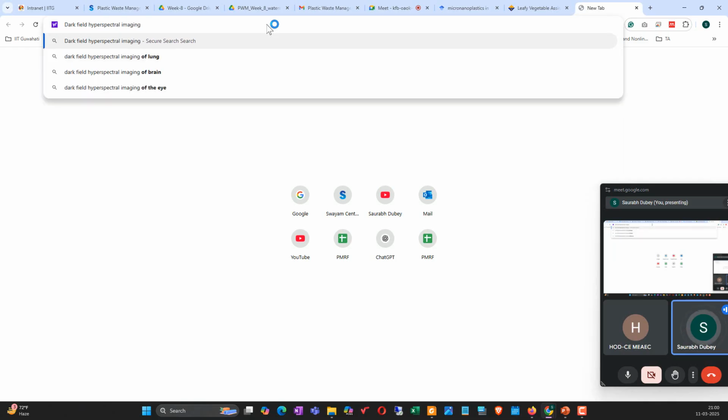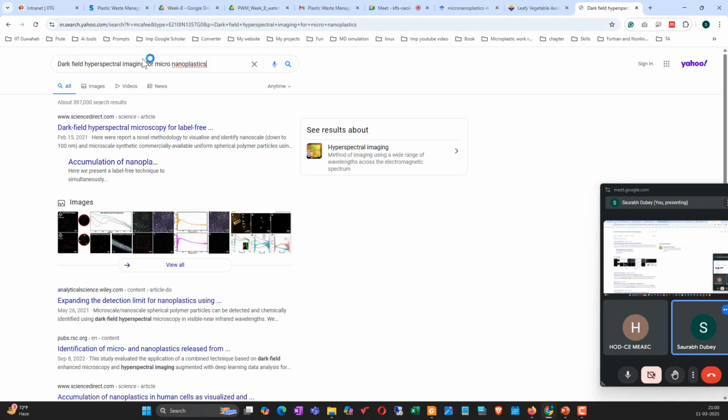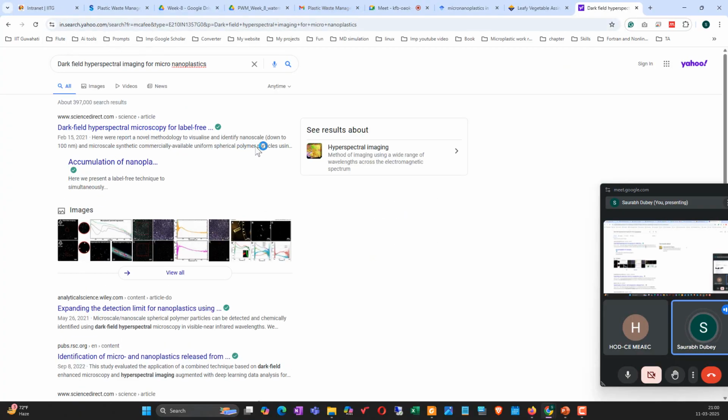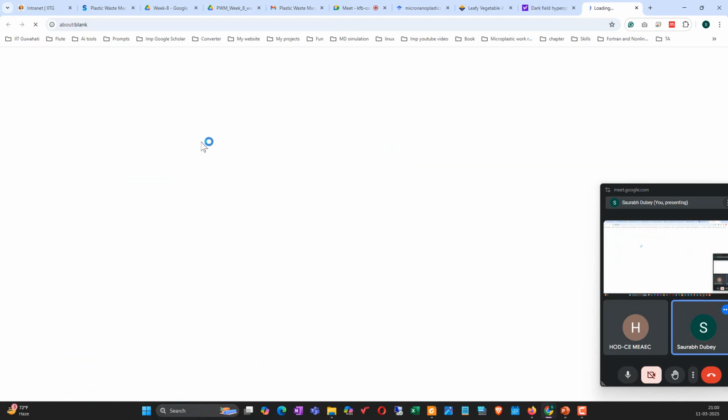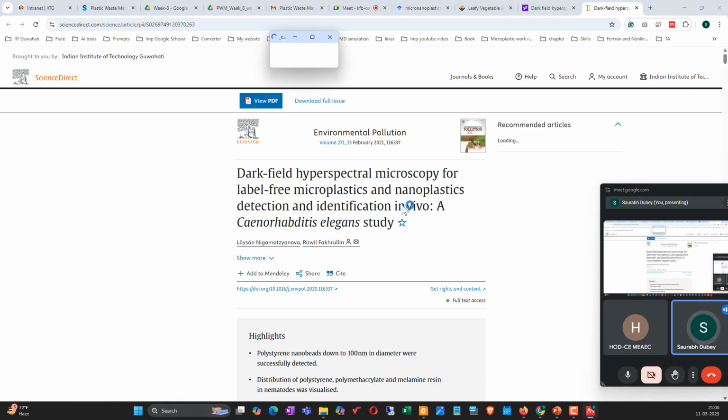It is related to the topic of the imaging of micro plastics. There are some papers, you see, they have identified polymers in vivo.